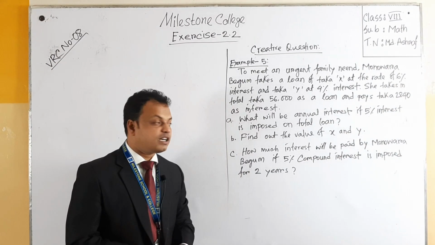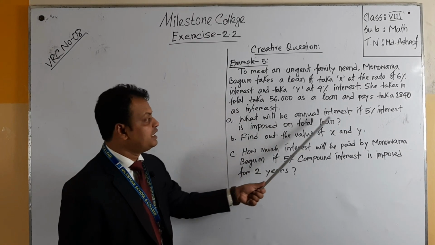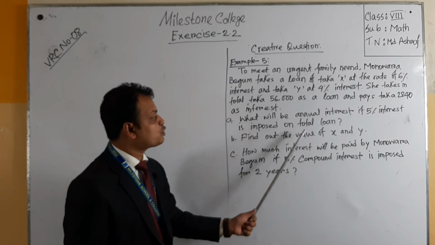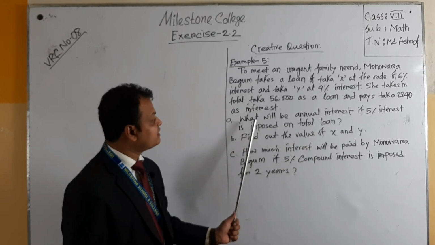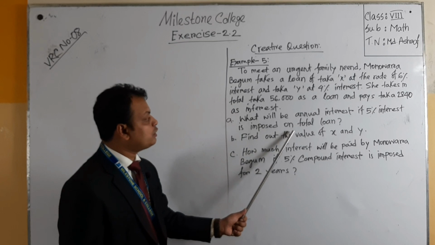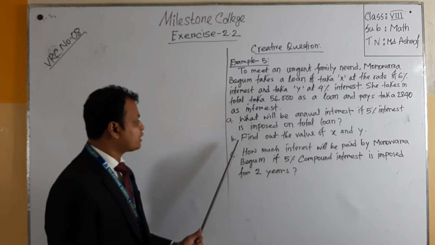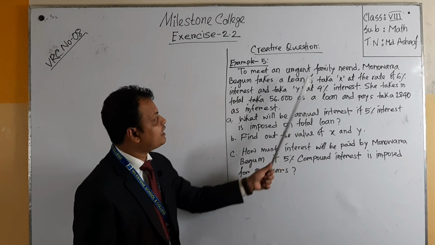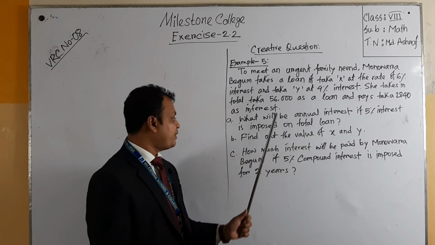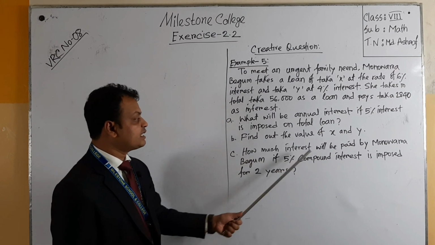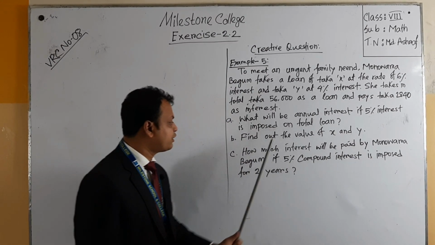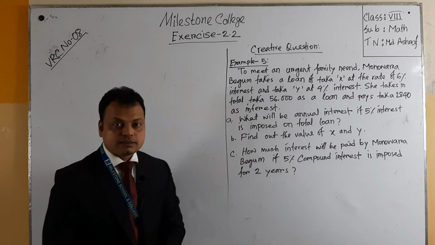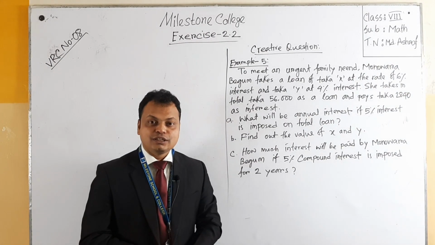Now the questions are: A, what will be the annual interest if 5% interest is imposed on the total loan? B, find out the value of X and Y. And C, how much interest will be paid by Monwara Begum if 5% compound interest is imposed for 2 years? So this is the question. Now we have to answer.